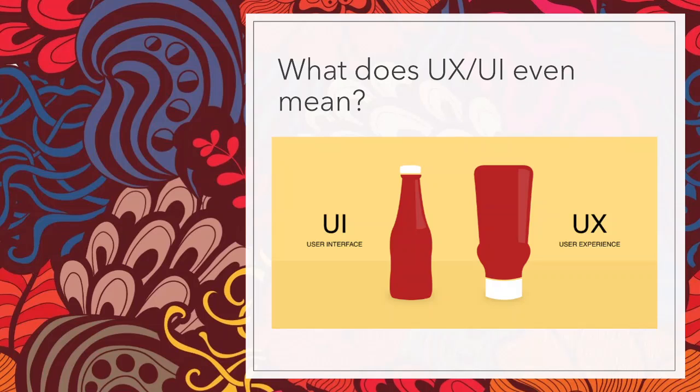It's just supposed to contain ketchup, and if you want to get it out, then you shake it. Whereas UX is like, well, let's take that experience, which no one enjoys, having a hard time getting ketchup out of the bottle, and try to improve that experience or reduce the amount of time people end up doing that. Though the problem with the UX ketchup bottle is, as soon as it's not that way, it now becomes the UI ketchup bottle. So it all depends on how the user is using it.